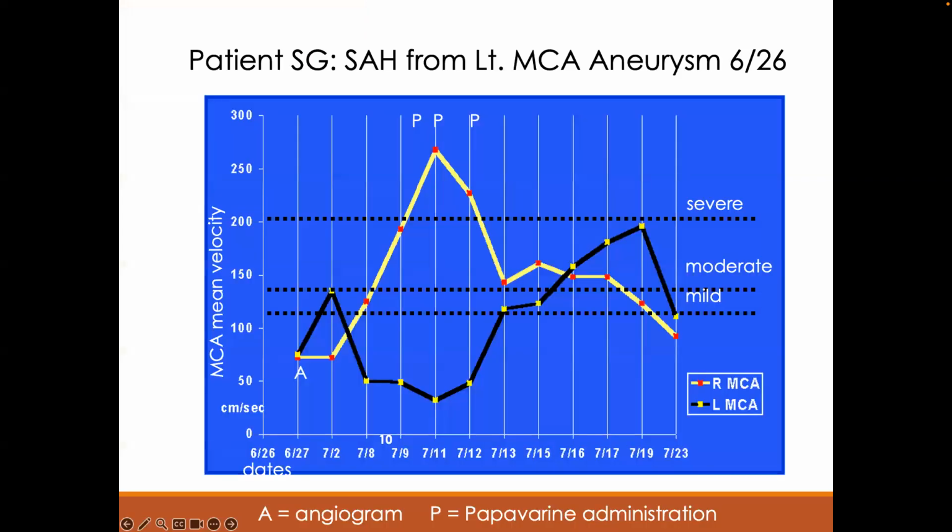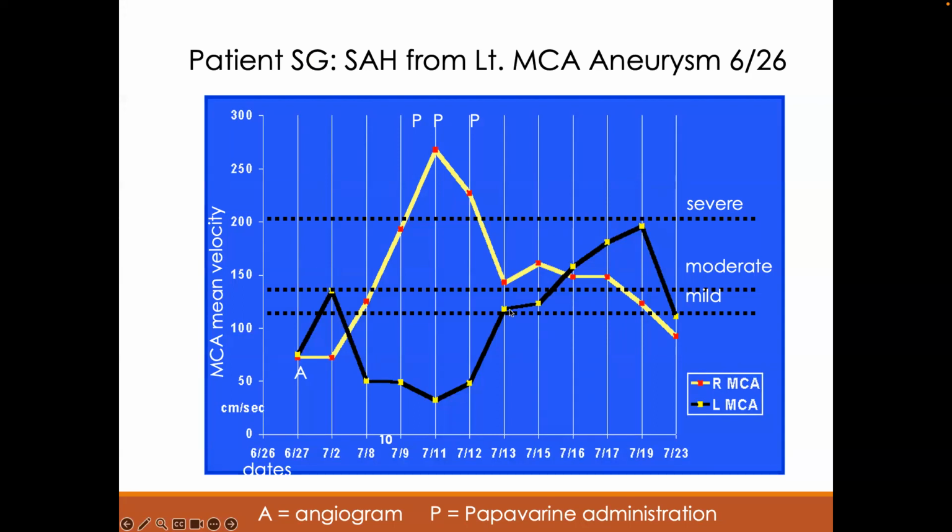And so here's that chart that they used to track everything. So they did 3 injections here, here, and here on 7/10, 7/11, and 7/12. So the exam on 7/13 showed that the velocities were decreased to the normal range.